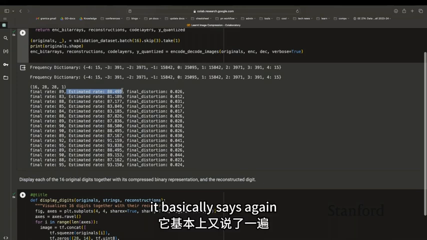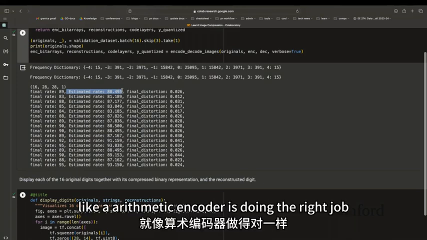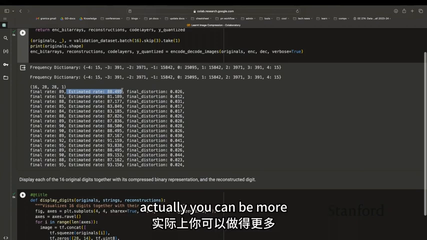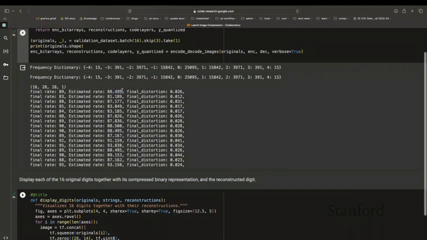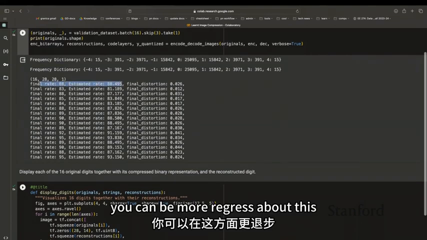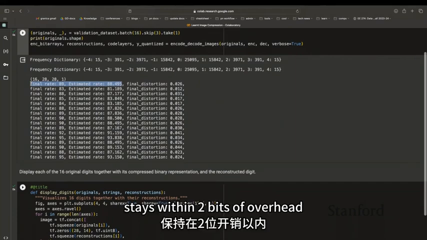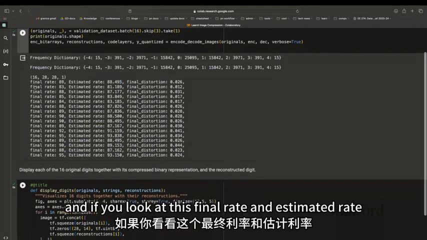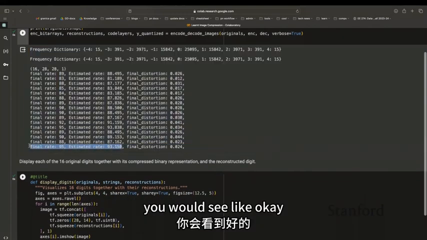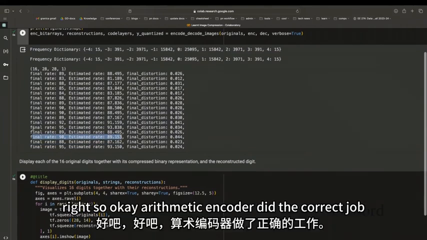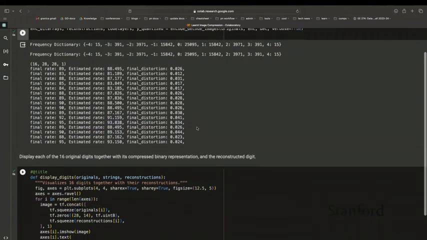It basically says again that our arithmetic encoder is doing the right job. We know that an arithmetic entropy encoder stays within 2 bits of overhead. And if you look at the final rate and estimated rate, they are almost always within 2 bits. So our arithmetic encoder did the correct job.